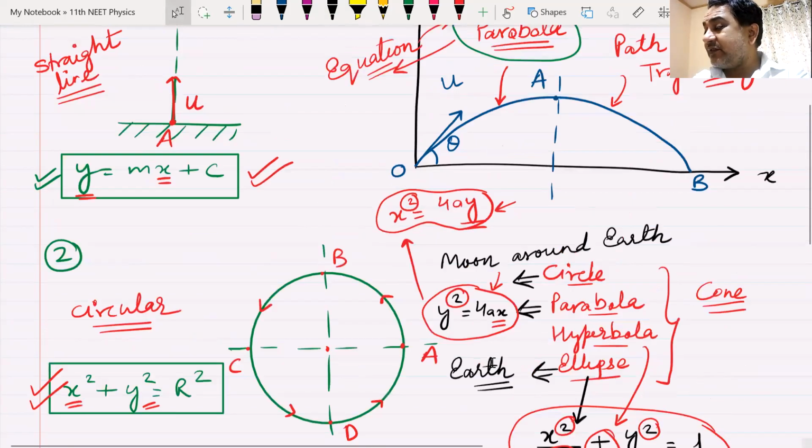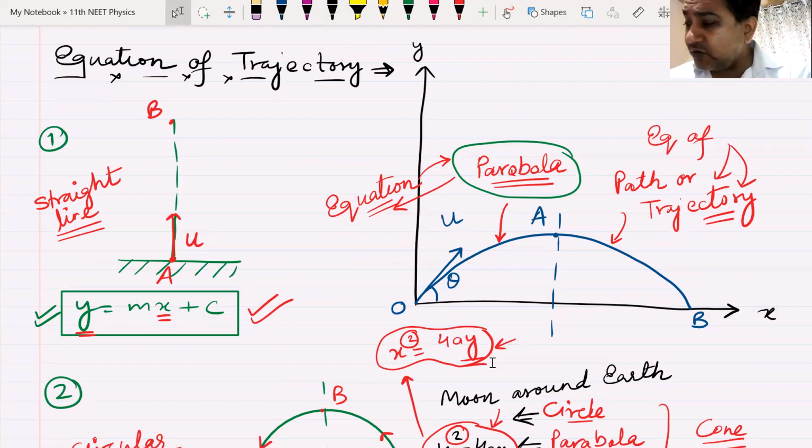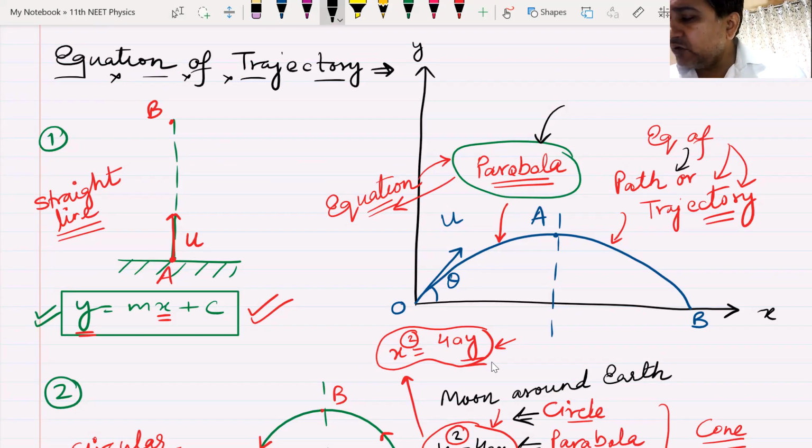Let us go back to this now. So what will the equation of this parabola, which this particle is following, give me? What will the equation of path or the equation of trajectory give me?